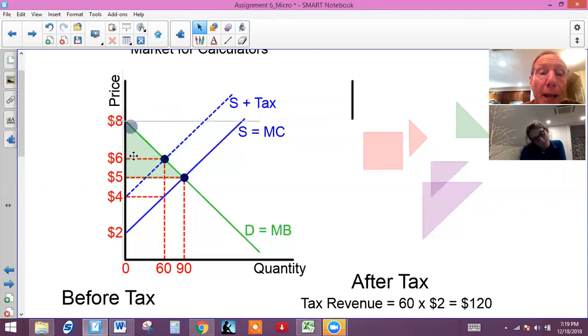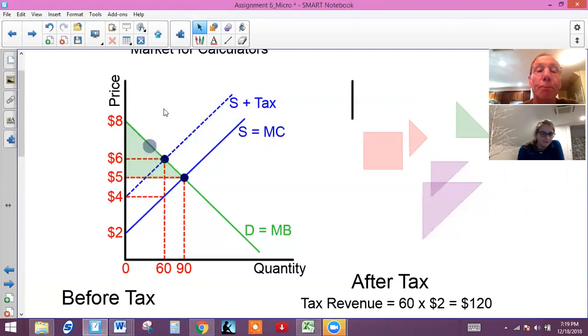But they're only having to pay $5. So this consumer right here gets $3 consumer surplus because they're paying $3 less than they would pay, right? This consumer right here would buy it for about $7. So this consumer is getting $2 consumer surplus because the price is $5.